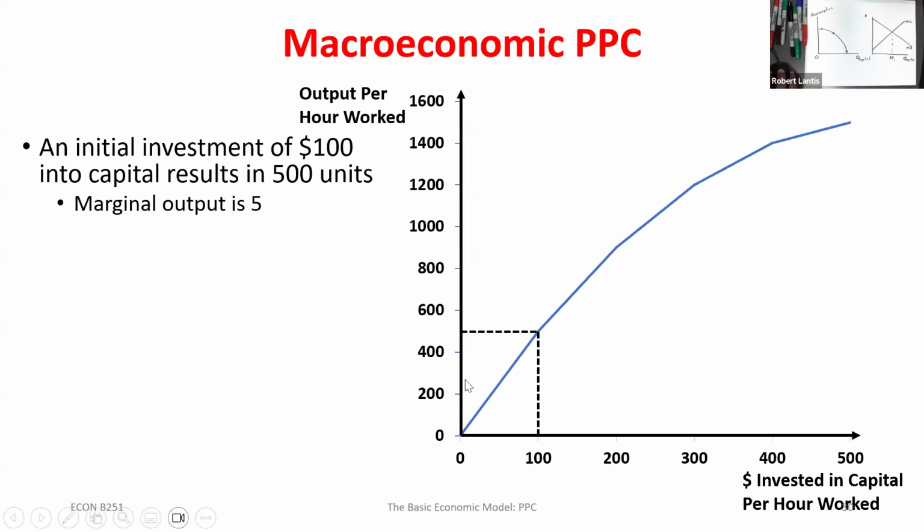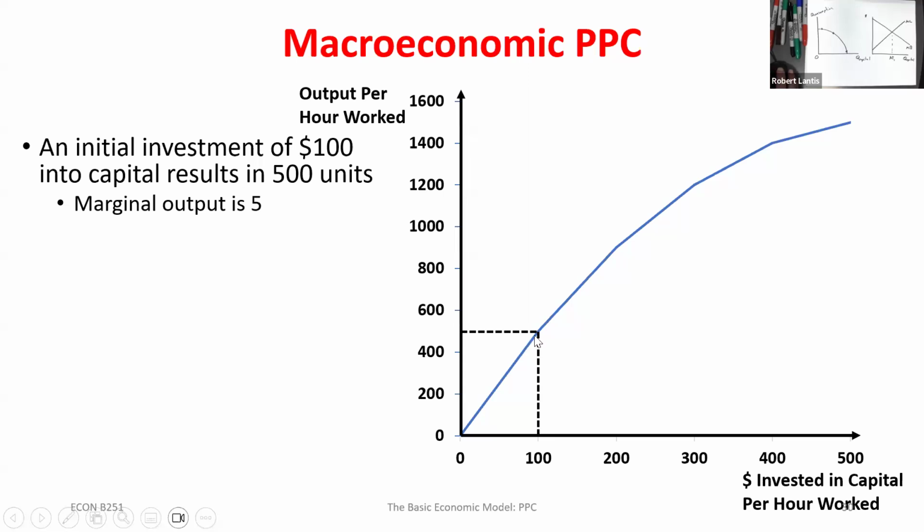If I took the change in Y over the change in X, that's just the slope of this macroeconomic production possibilities curve. So the slope of this curve, the investment into capital and the output I'm getting per worker, tells me the marginal output for every dollar invested.